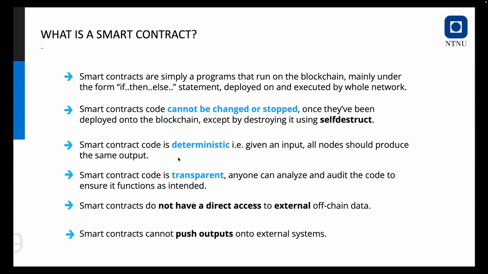It is deterministic: given the inputs, it always produces the same outputs. And once you deploy it, it cannot be changed or stopped. So if you come up with a program for doing something and you deploy it, nobody can stop it, which is not entirely true, but in general, it's true.